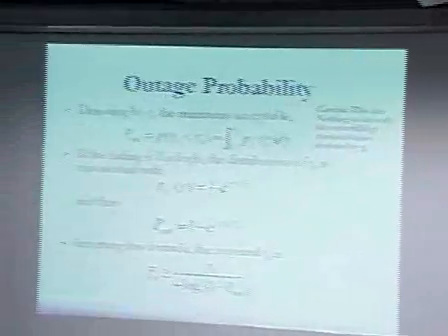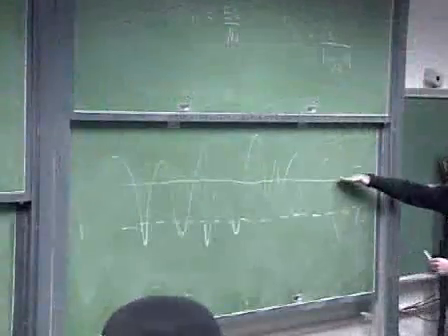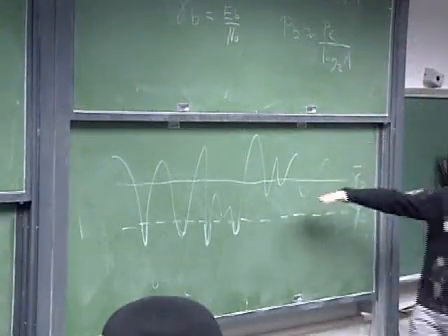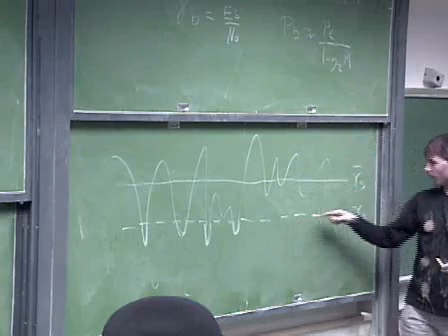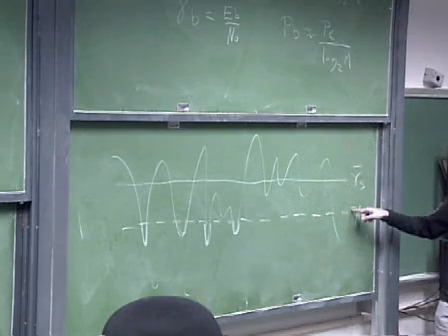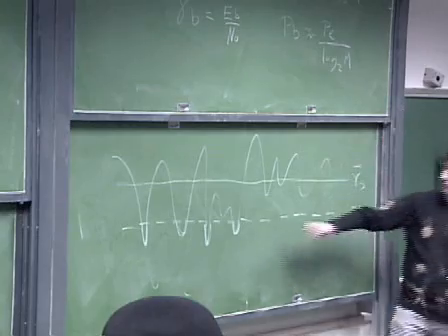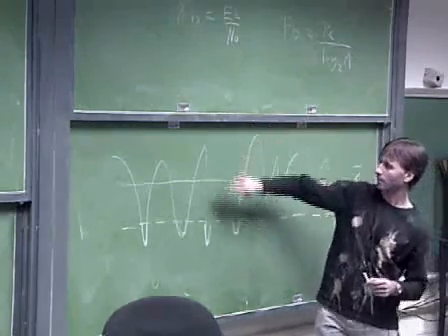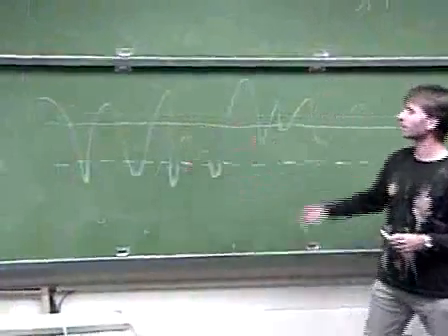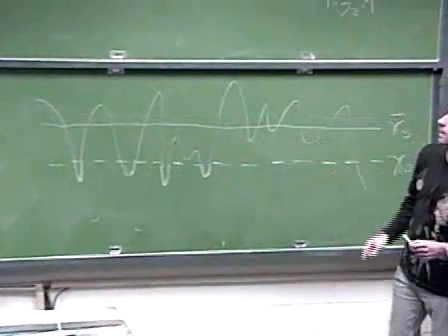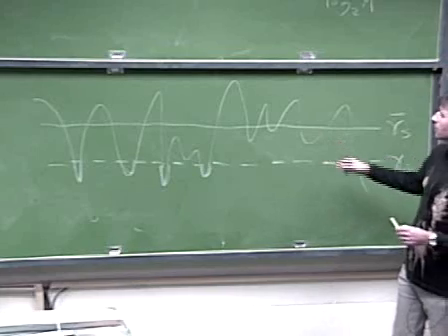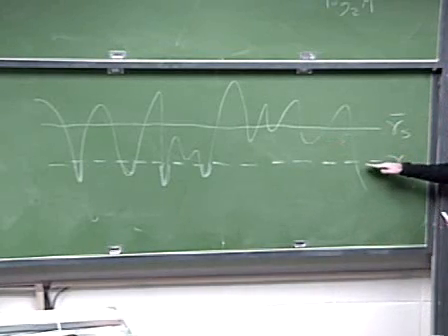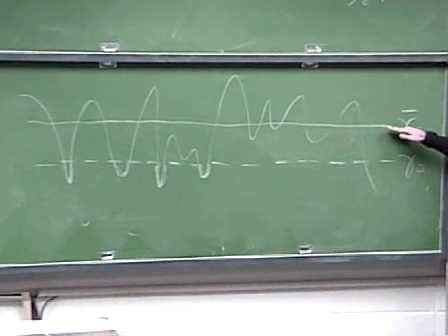If we make the average of the signal higher, so we move this bar up, the whole signal goes up, and so the chances of falling below gamma 0 diminish. These values here are going to come up also. So P out is going to diminish if we increase gamma S bar.